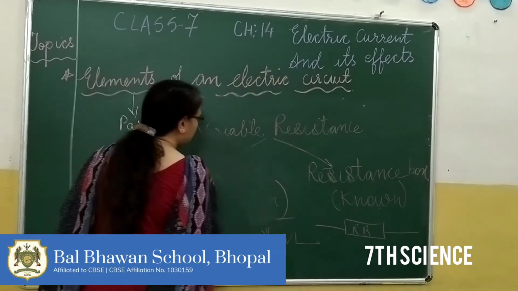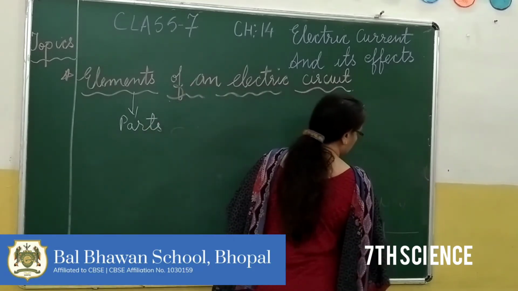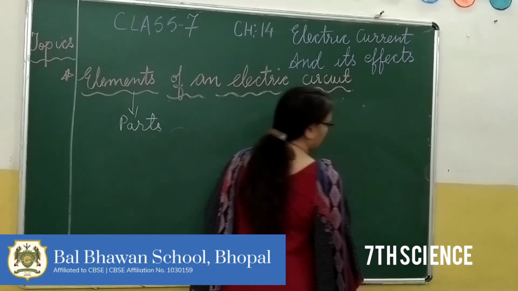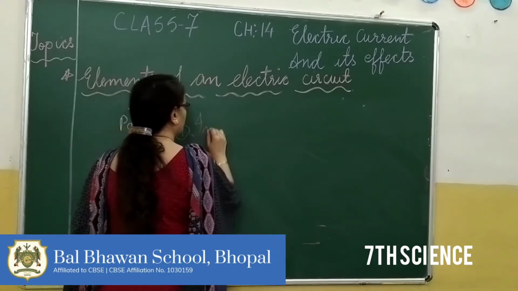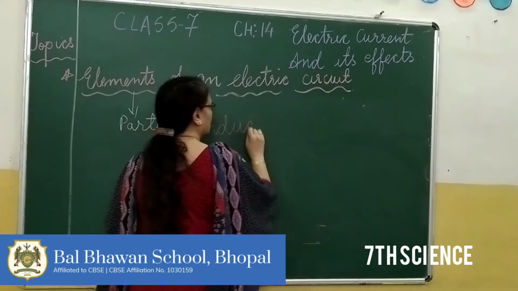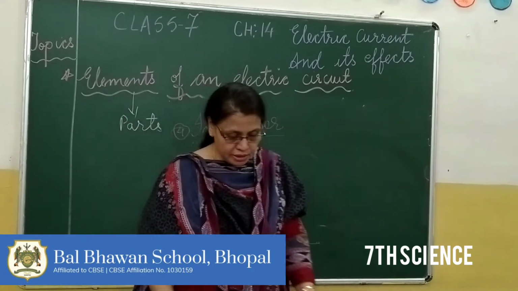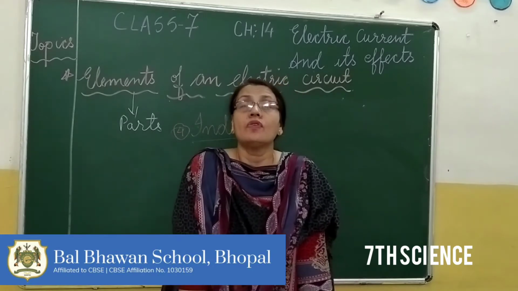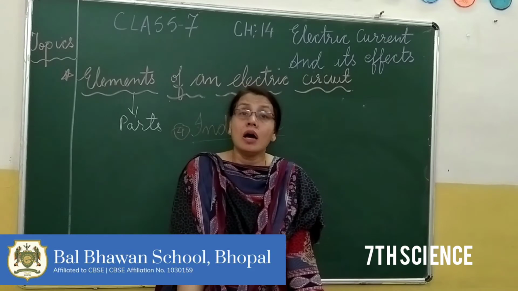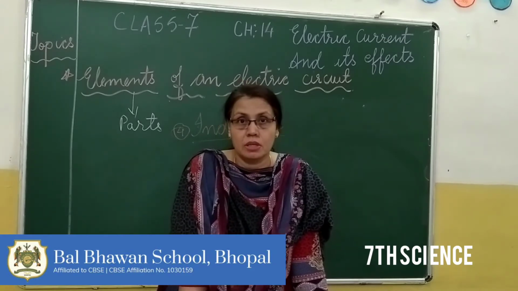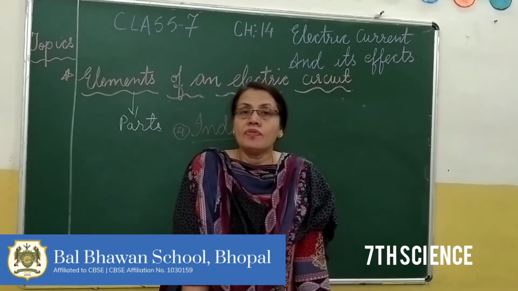Coming to the next, that is an inductor. Now, what is an inductor? An inductor consists of insulated copper coils with a large number of turns. Now, what is the function of this?